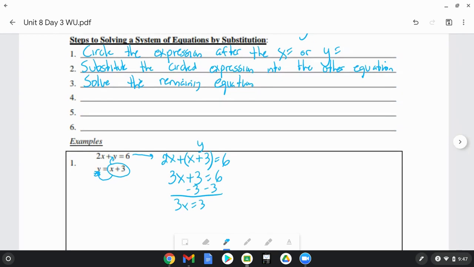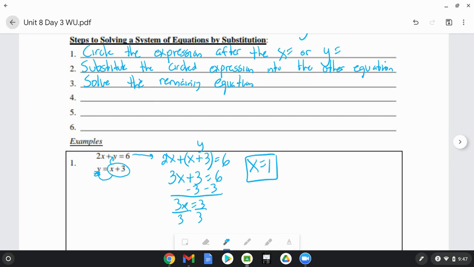So in the end, if we continue to solve one more step, we have to divide, and we get x equals 1. So now that's half of our answer, because all of our answers for systems were always written as an ordered pair, x comma y. So that only gives us half.